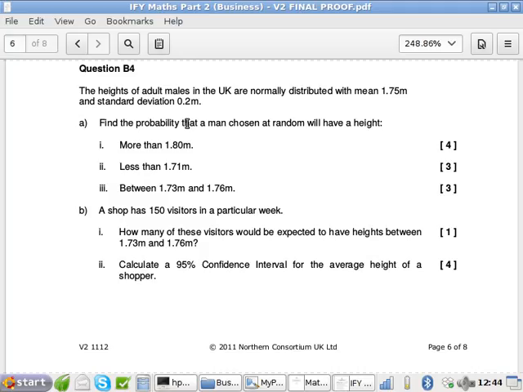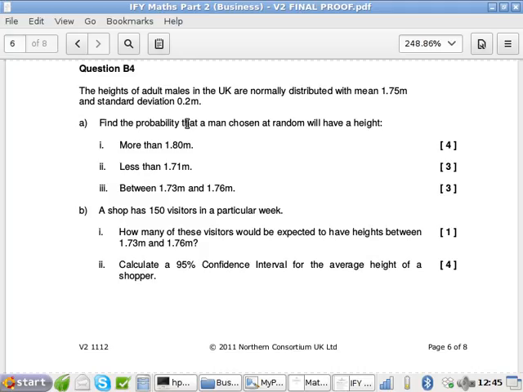Binomial distribution, D, yeah? Oh no, this is all normal distribution, I think. So they give you the number. No, it's only 1 mark, so it's not something with binomial. It's just something with percentages.